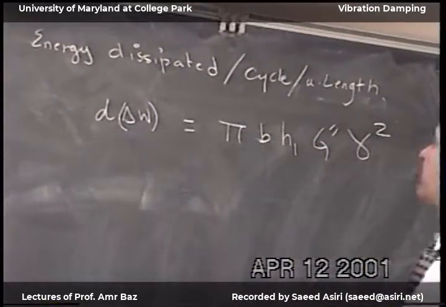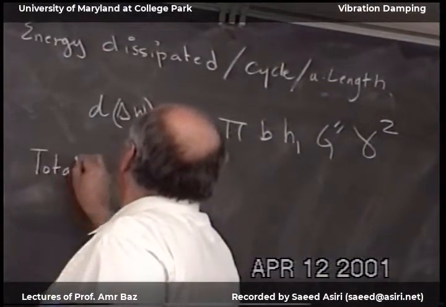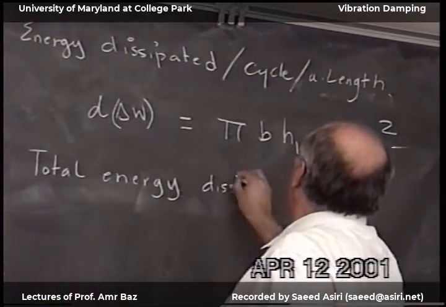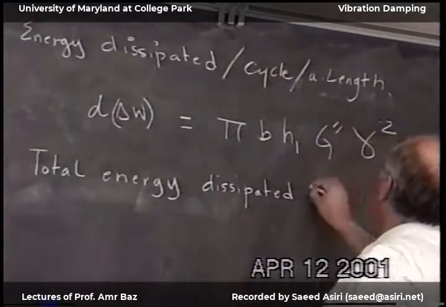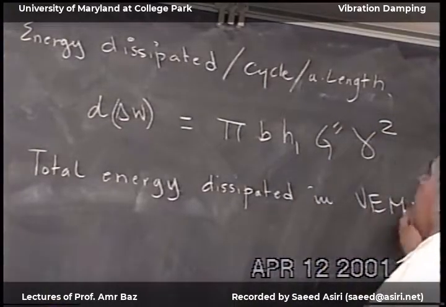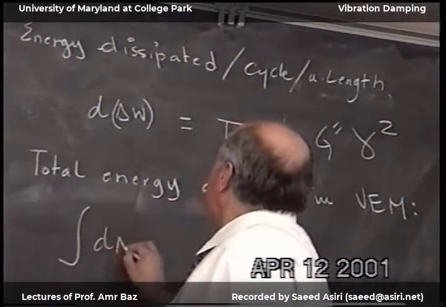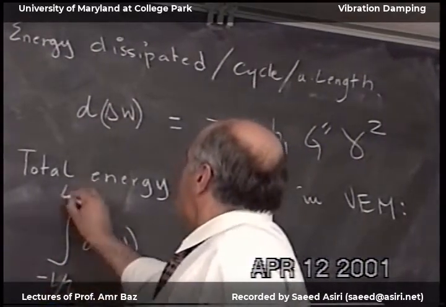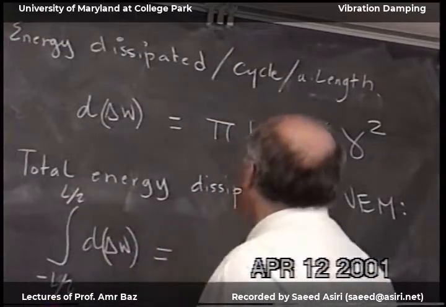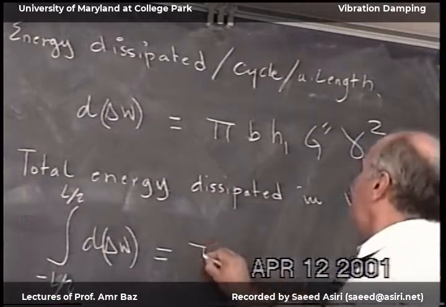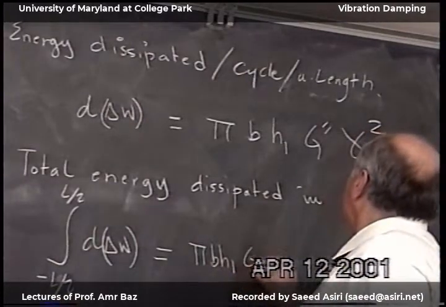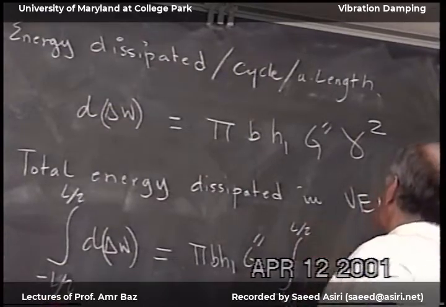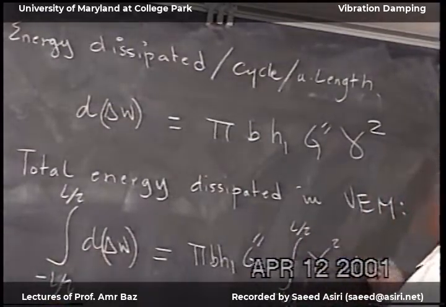And the total energy dissipated in the viscoelastic material will be the integral from minus L over 2, and this will equal to pi B H1 G double prime integral gamma squared dx.